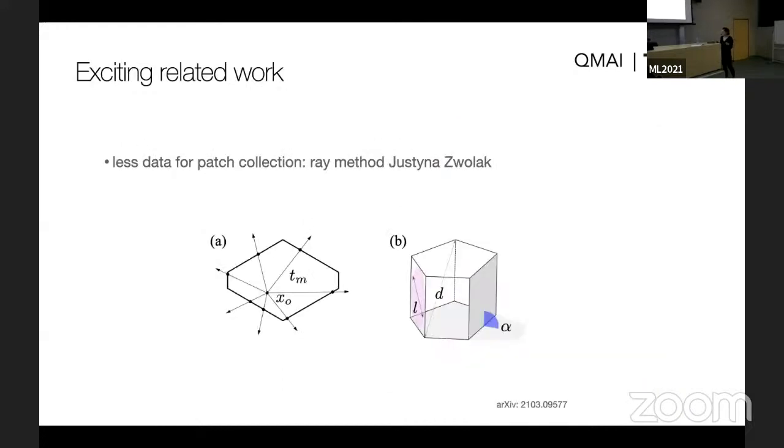Yeah, so there are other things that I wanted to mention, like other people adapting these ideas and finding cool ways to speed it up or get around a different problem.